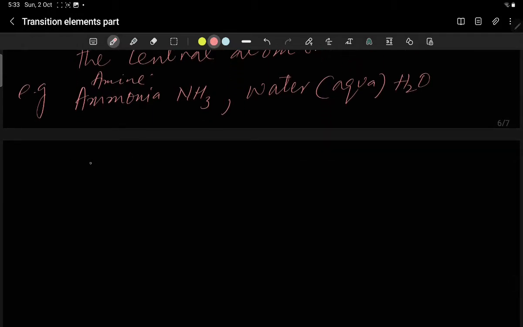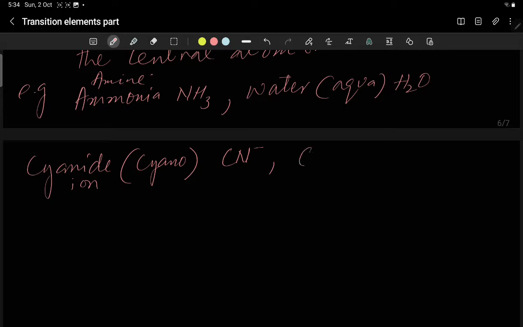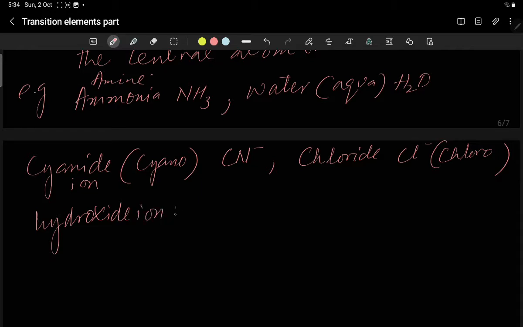The negative ions are cyanide ion, CN negative, known as cyano; chloride ion, Cl negative, known as chloro; and hydroxide ion, OH negative, known as hydroxo.